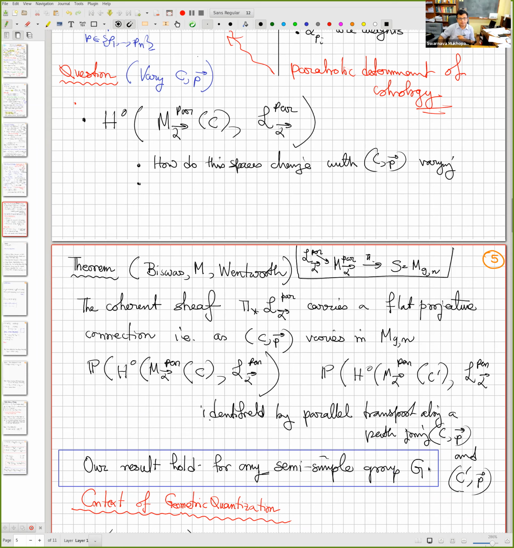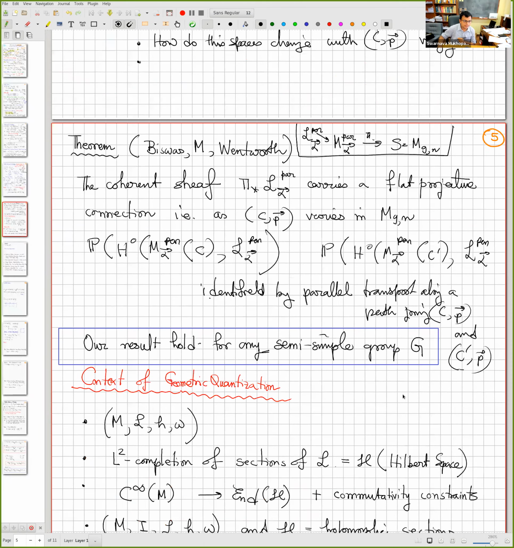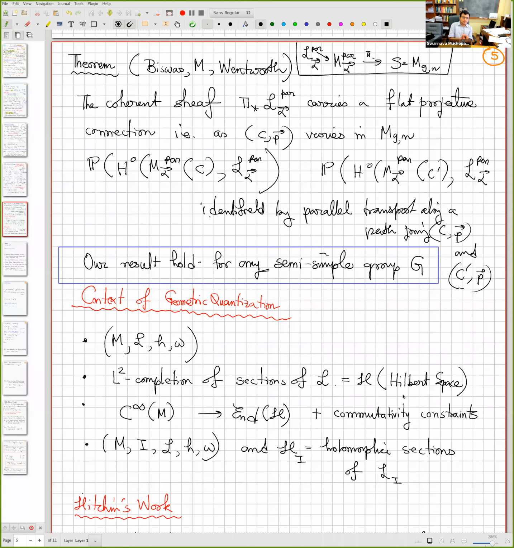Let me briefly explain the context of geometric quantization. So geometric quantization is the following, in the sense of Kostant and Souriau.